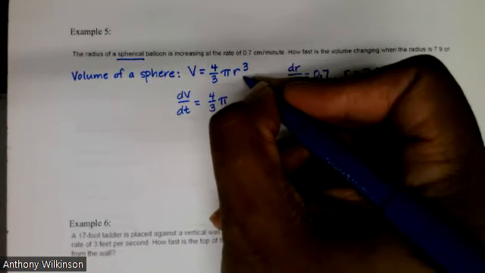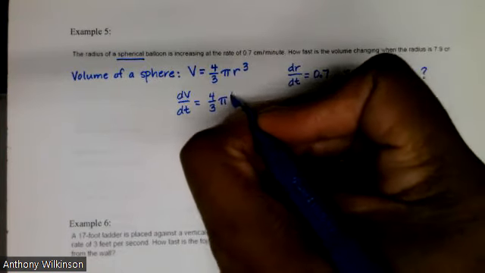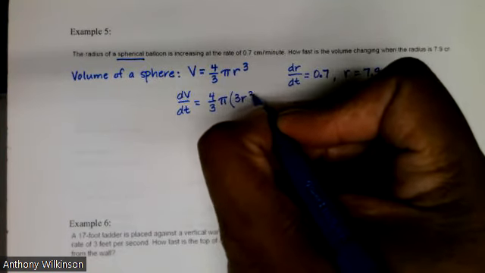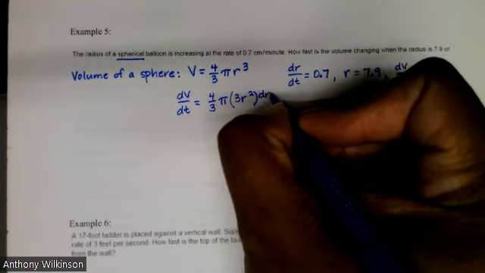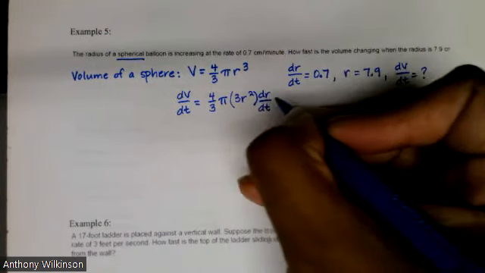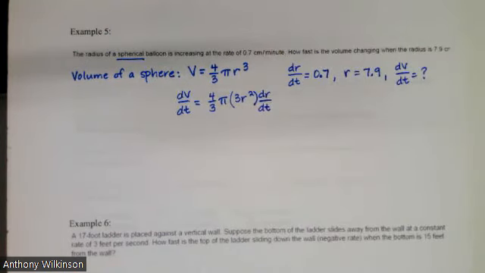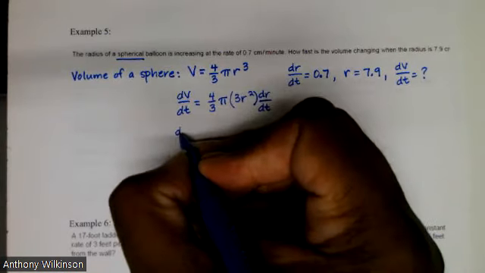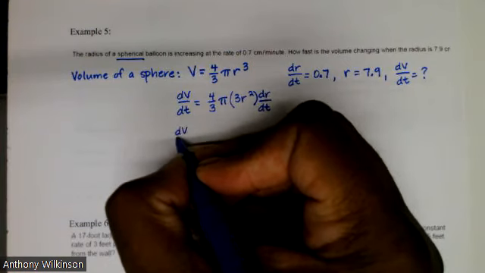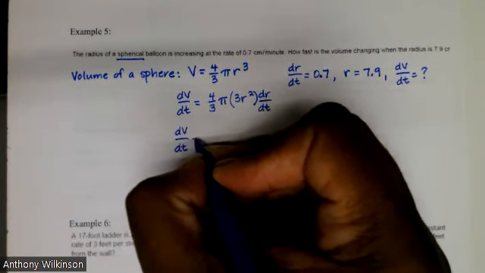The derivative of r cubed with respect to time is going to be 3r squared times dr/dt. Keep in mind, all the variables are going to be differentiated with respect to time when we're dealing with related rates. All right. dV/dt is what we're looking for.